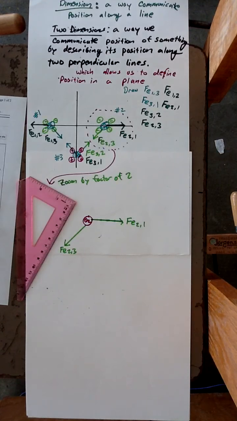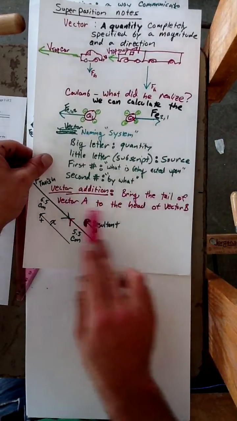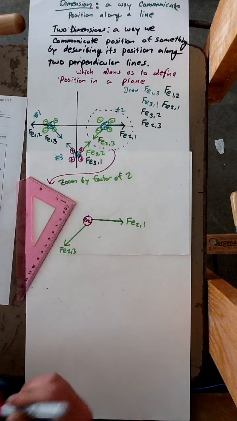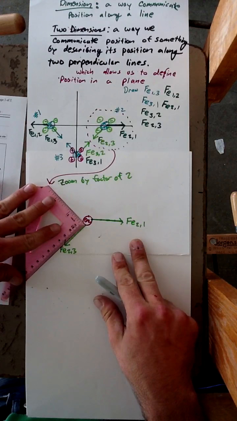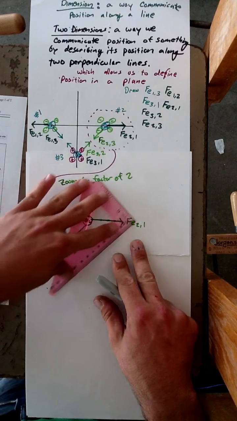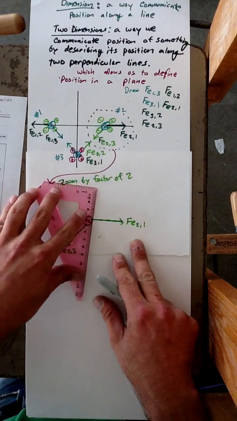And you should be going up to your notes and saying, bring the tail of vector A to the head of vector B. So I'm scrolling up in my notes here. I'm saying I need to add these vectors. So what I'm going to do here is I'm going to take this. And if I move it around in this way, am I changing the direction that it's going? No. If I turn it, I'm changing the direction.